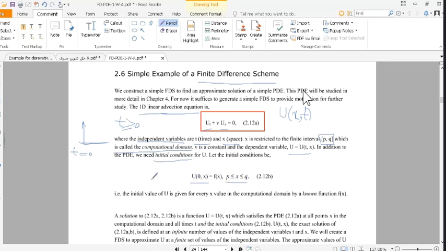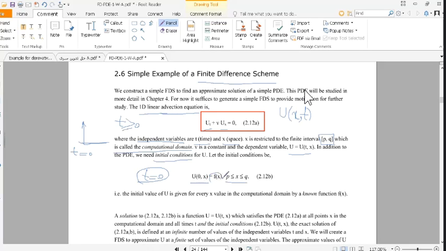At this problem, the initial condition is u0 of x equal to f of x.